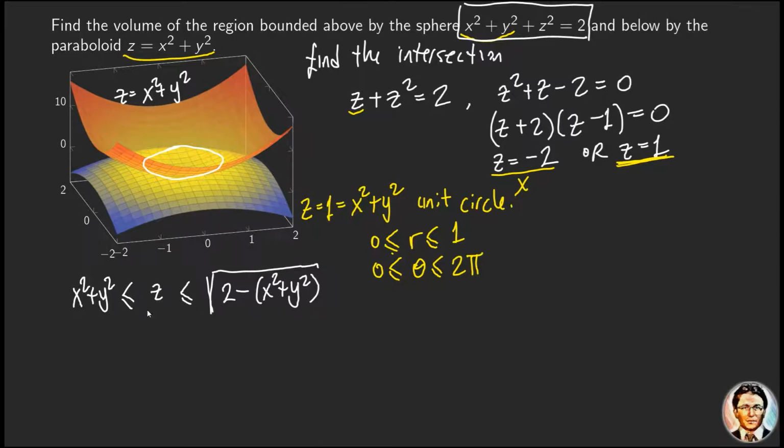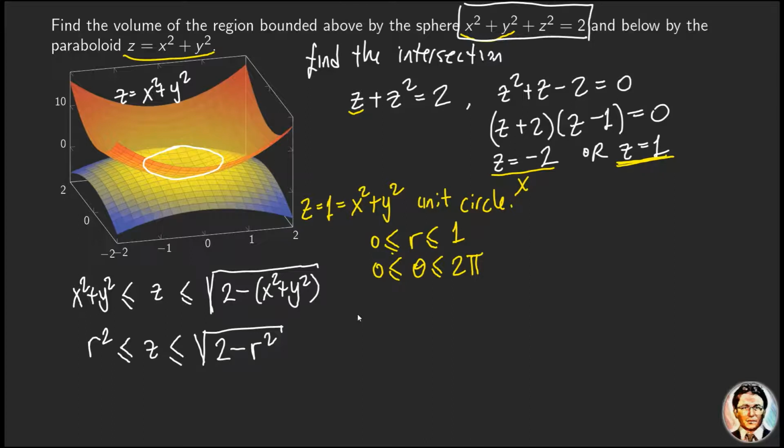But we have to express it in cylindrical coordinates. In cylindrical coordinates, x squared plus y squared is r squared, and similarly here, x squared plus y squared is r squared. So these are the bounds for z.